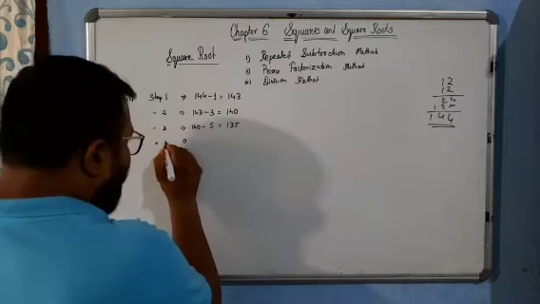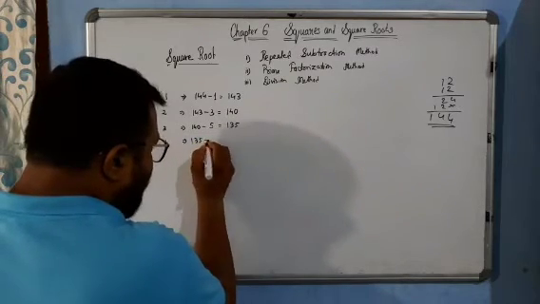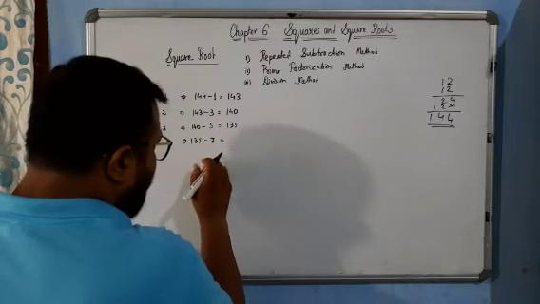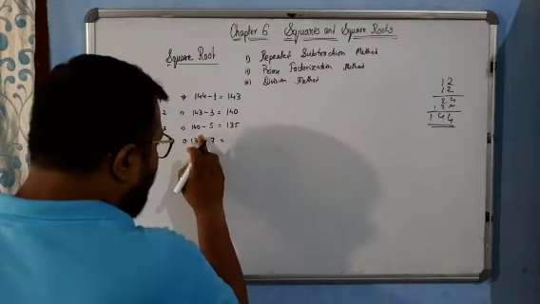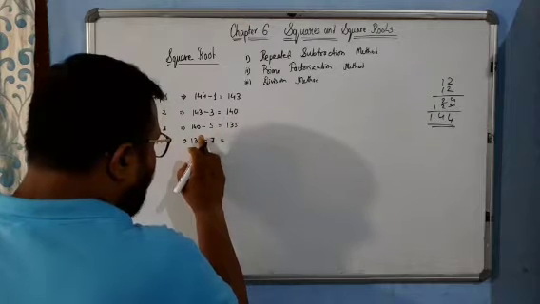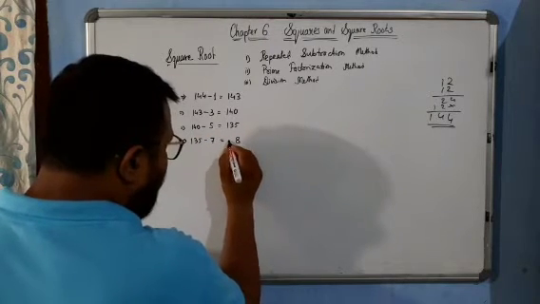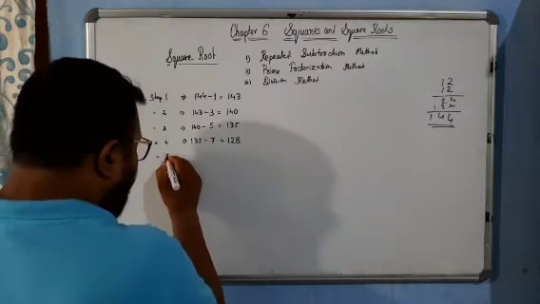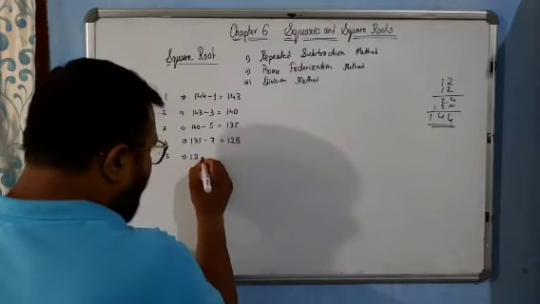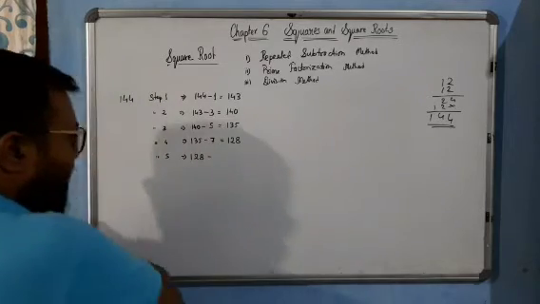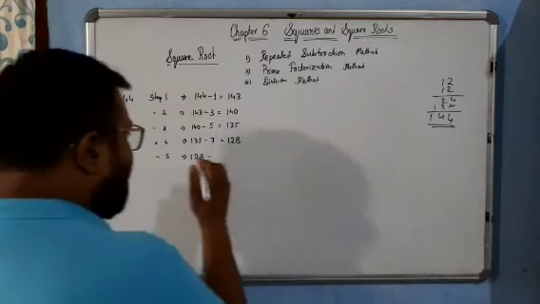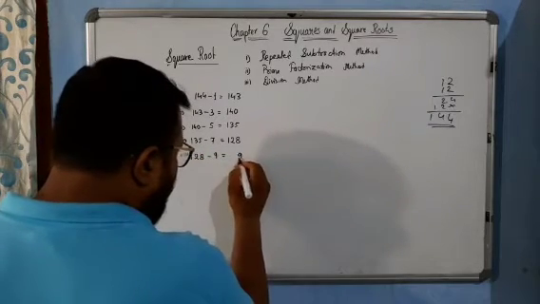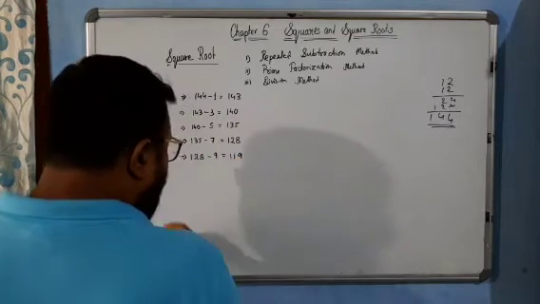On step 4, 135 is subtracted by the next odd number, 7. How much will you get? 128. Now on step 5, 128 minus the next odd number, 9, gives 119.